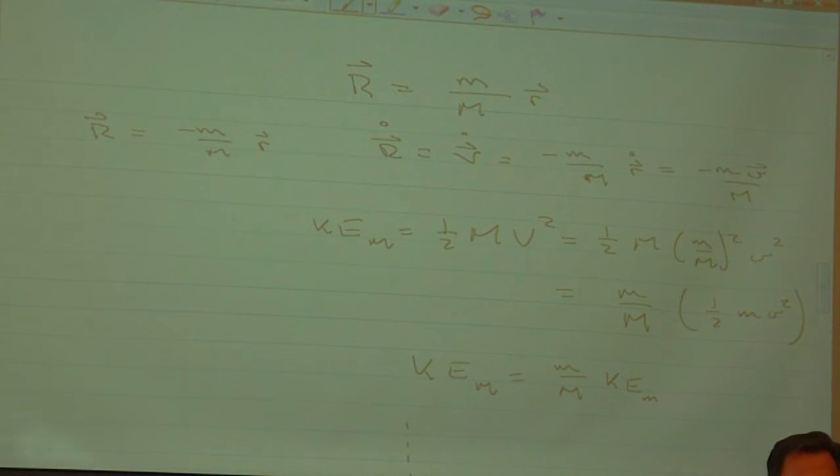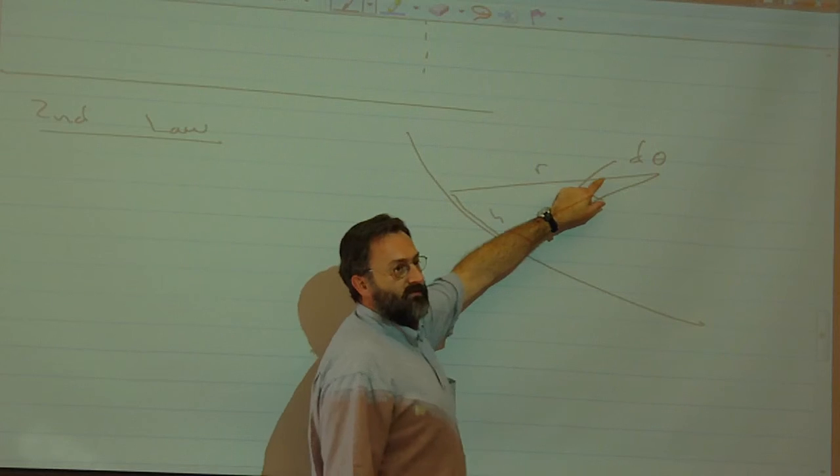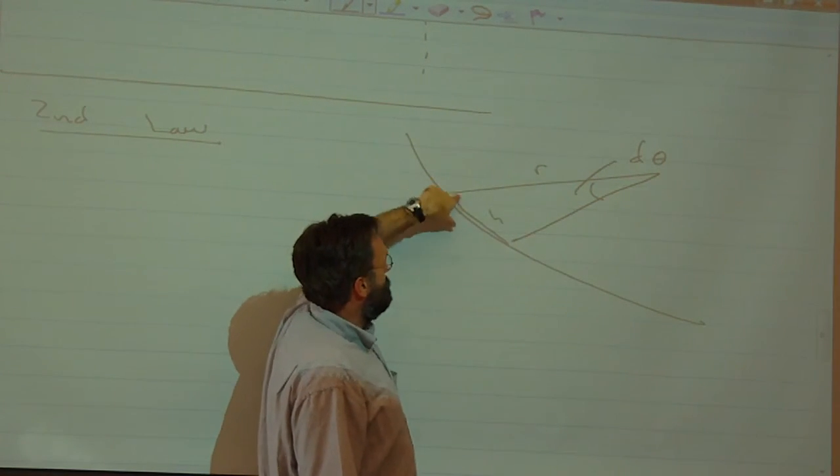I just assumed. Alright. So now, let's prove the second law. Alright, so if I have an orbit here, and I take a very, very small angle d theta, so this line over here is really a straight line.